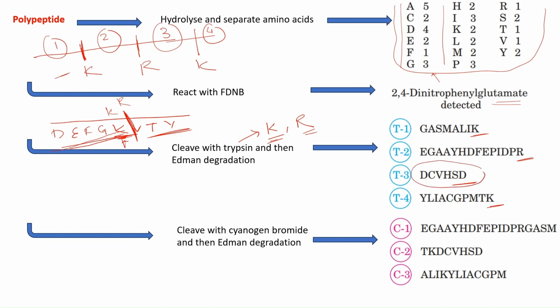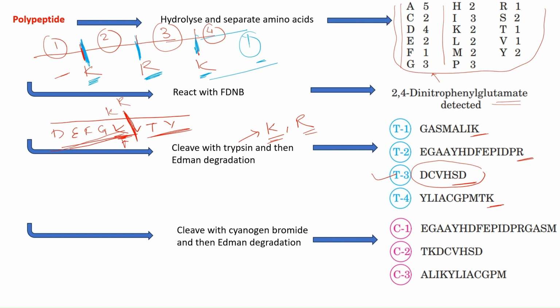Wherever the fragment ends, that amino acid will be there, but here we won't find lysine or arginine at the end, because this is the last fragment. So from this, we can analyze that T3 is the last fragment.